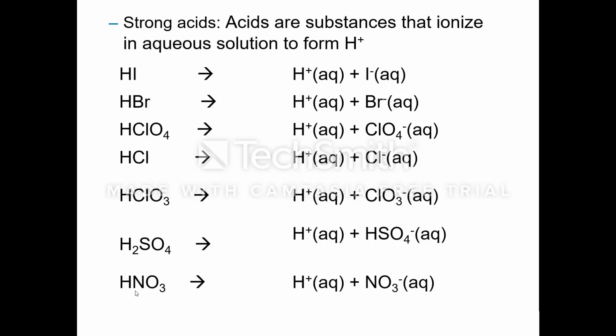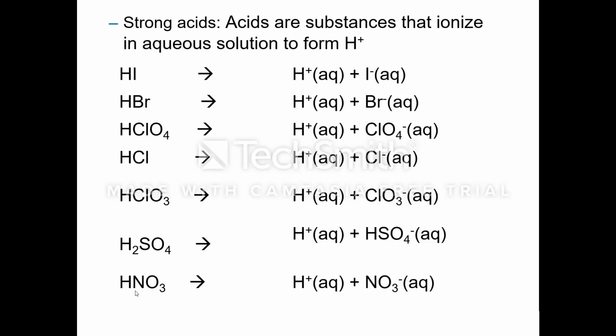First, we have hydroiodic acid, and when it's dissolved in water, it dissociates into hydrogen ions and iodide ions. By knowing all of these strong acids, you'll be able to identify the weak acids because all other acids, for the most part anyway, are weak.